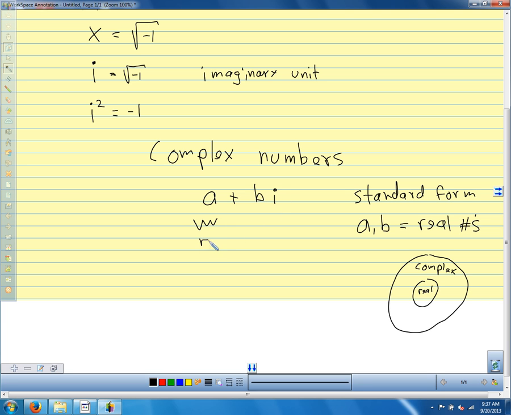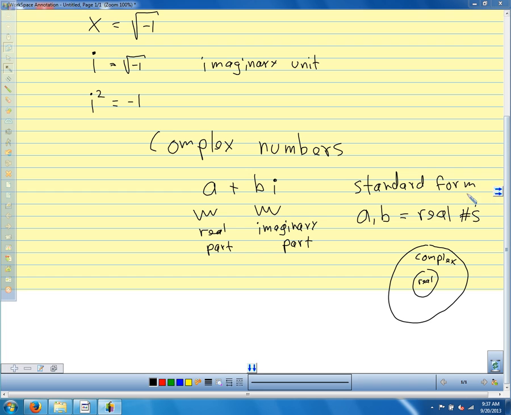We call this part the real part, and we call this part the imaginary part. So real numbers are just complex numbers where the imaginary part is 0. And if we have a complex number where the real part is 0, we call it a pure imaginary number. So there's no real part. So that's just what we mean by a complex number: real part, imaginary part, standard form.